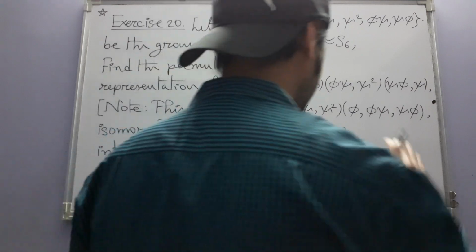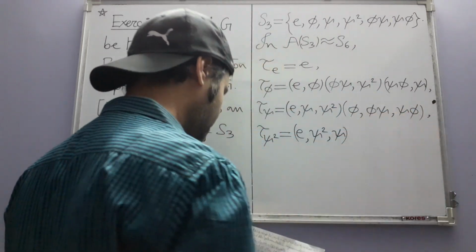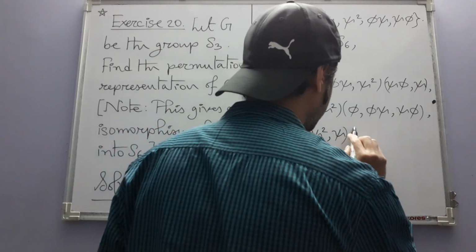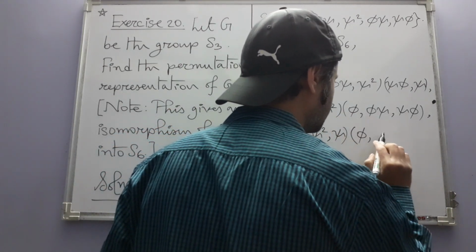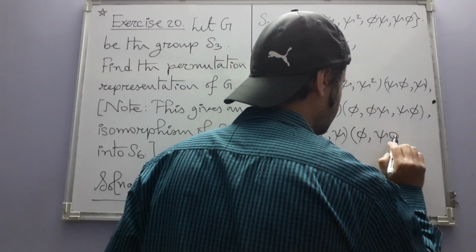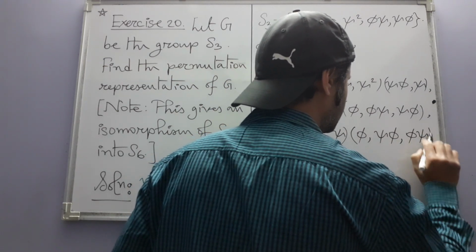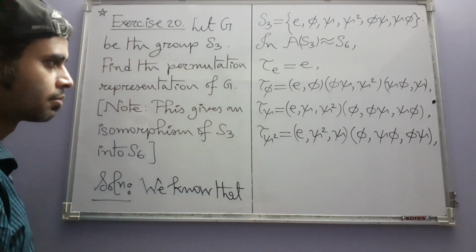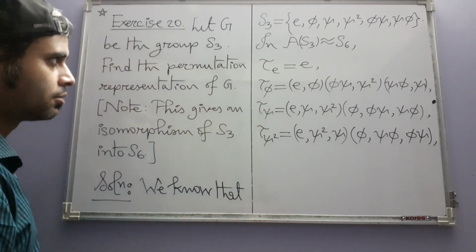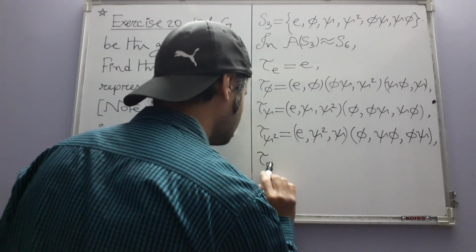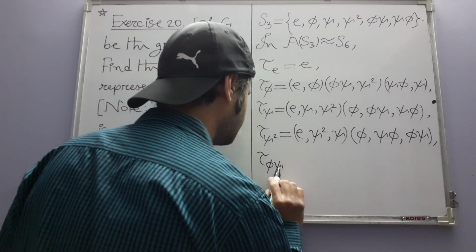Here also these second and third entries switch places. Phi psi phi, phi psi. So that means 2 more, E phi psi.